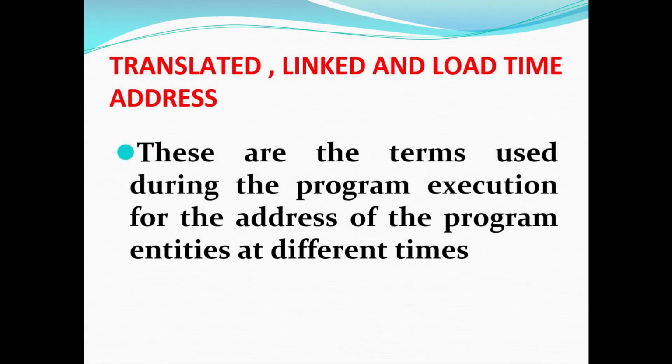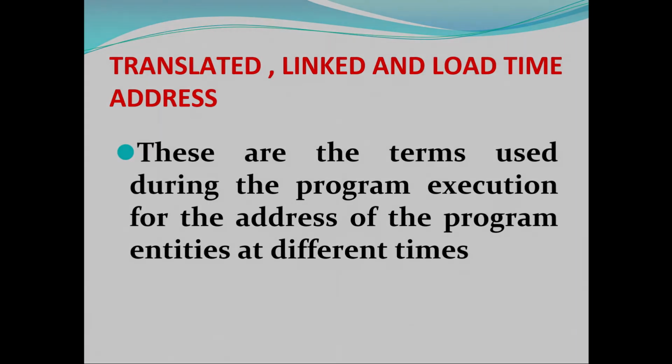When we go to the relocation process or linking process, some addresses are attached with them. Three kinds of addresses are there: one is the translated, other is the linked, and the third one is the load time address. These are the terms used during the program execution.